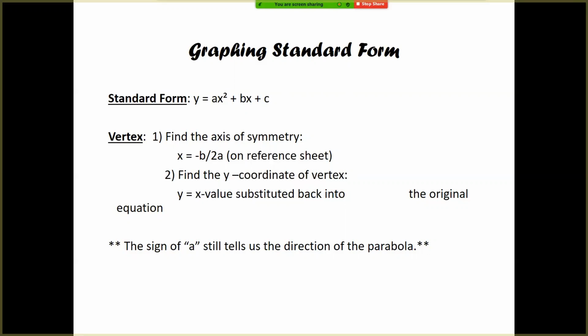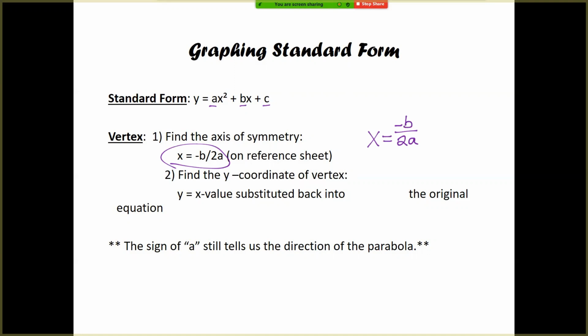So for standard form, you're going to use the numbers a and b to fill out this formula here. So x equals, so the x coordinate of your vertex is equal to -b divided by 2 times a. So that's going to give us the x coordinate of the vertex.